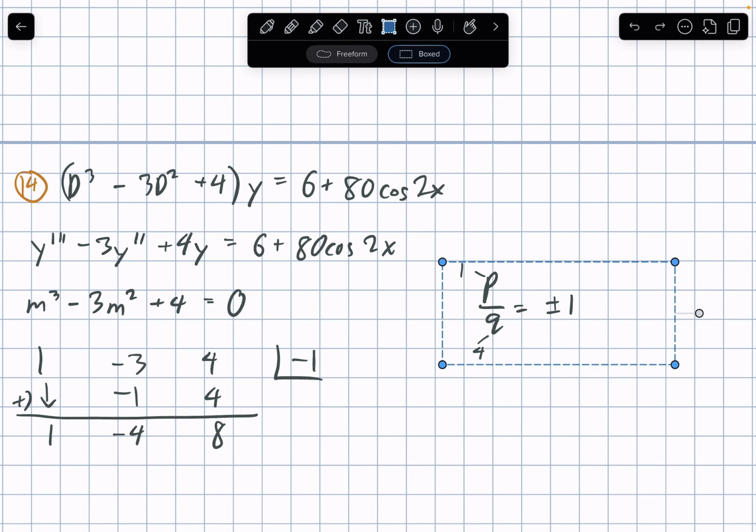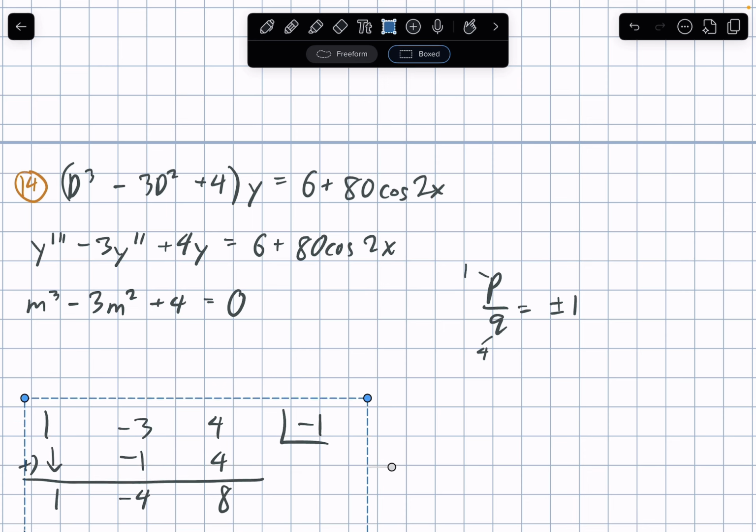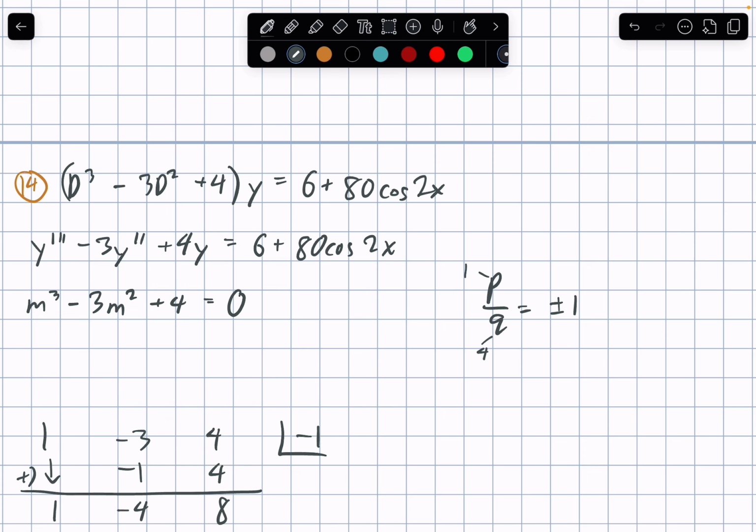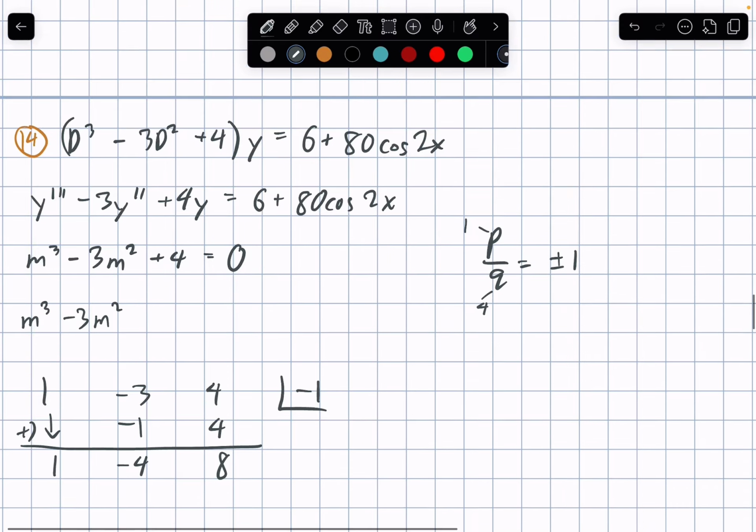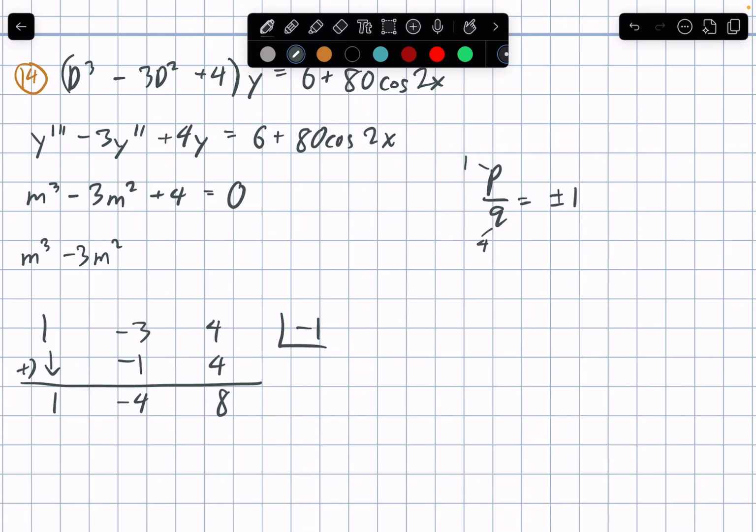So in synthetic division, the approach is correct. It's just that right before making this, in this case, we only have m raised to 3, m raised to 2. We need to write a representative for m. And in that case, the most appropriate way to do that is by writing 0m and then plus 4 equal to 0.